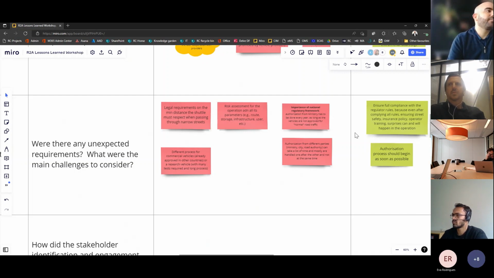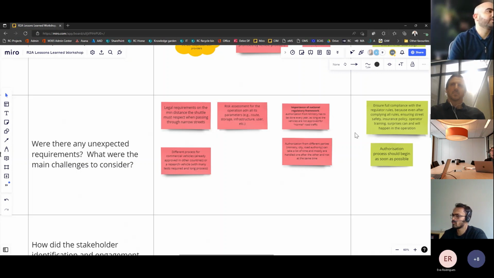The importance of a national regulatory framework was highlighted in terms of the long-term process. In one of the cases, the authorization from the national side, from the ministry, would need to be done every year, as long as they haven't officially approved this type of vehicle for normal road traffic.